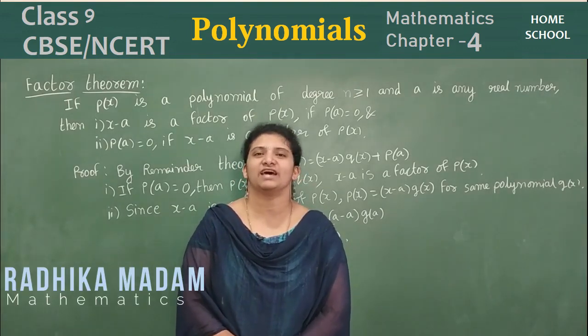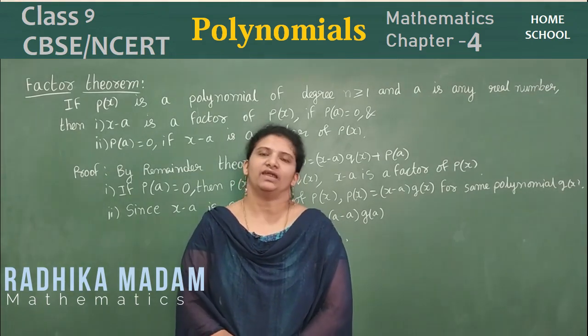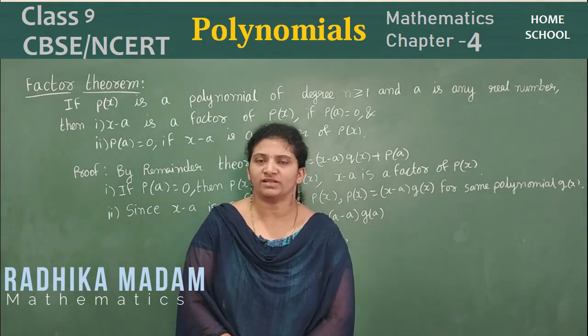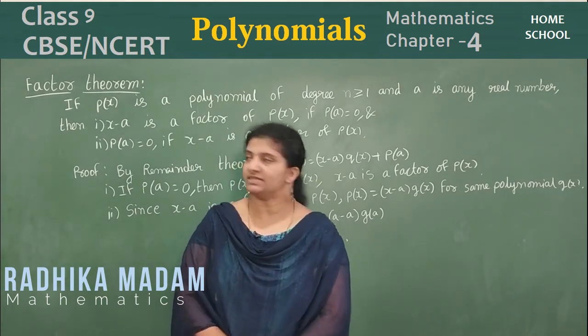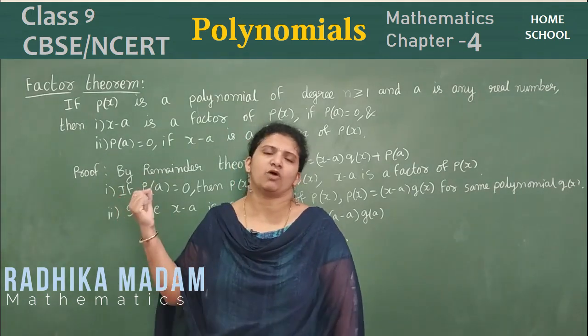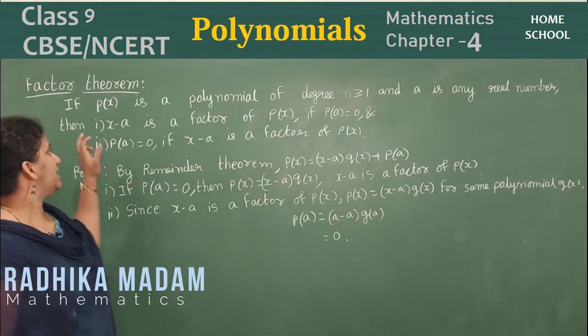This is your class 9 mathematics NCERT or CBSE board, and we are in our chapter Polynomials, exercise 4.4. Before starting this exercise, we need to start with a small, tiny theorem, that is the factor theorem. Let's see here.